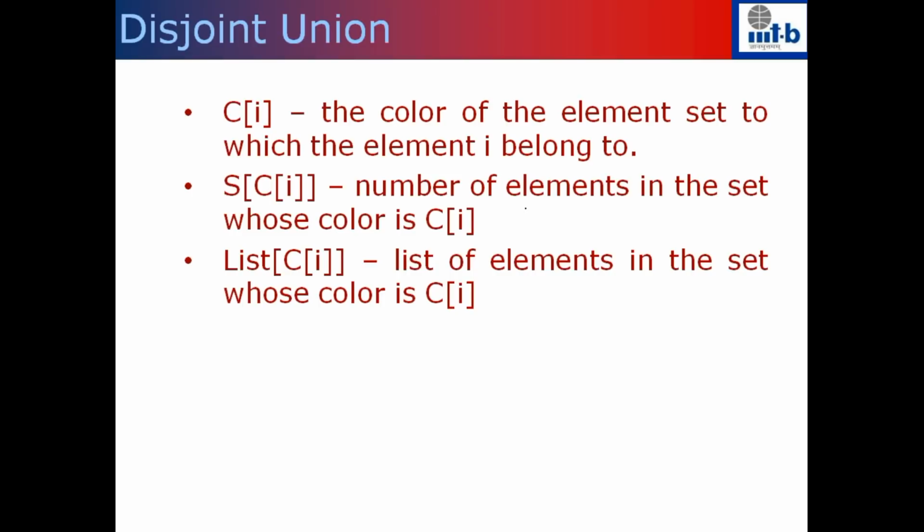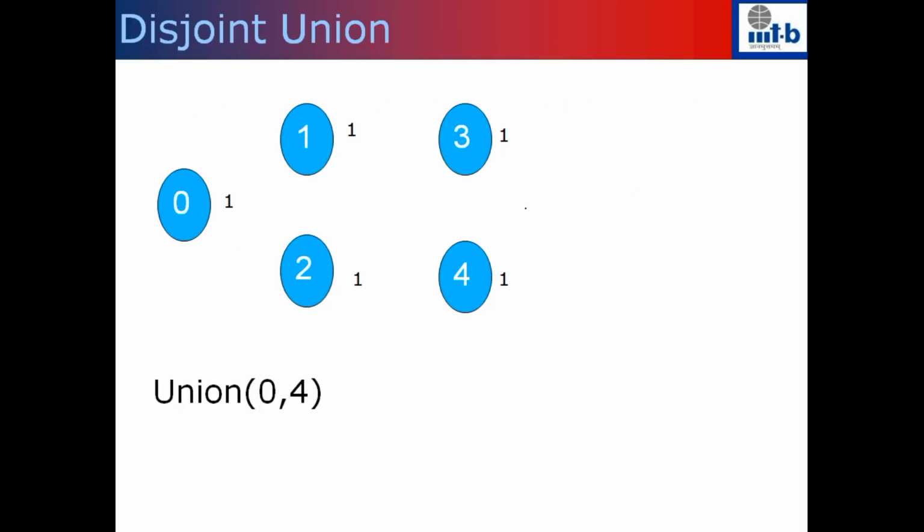S of C of I is the number of elements in the set whose color is C of I. List of C of I is the list of all elements in the set whose color is C of I. For example, if I go back to the previous example, C of 3 is 3, C of 1 is 1, and S of 1 is 3 because there are 3 elements whose color is 1. S of 3 is 2, and S of 2 is 0 because there is no element whose color is 2.